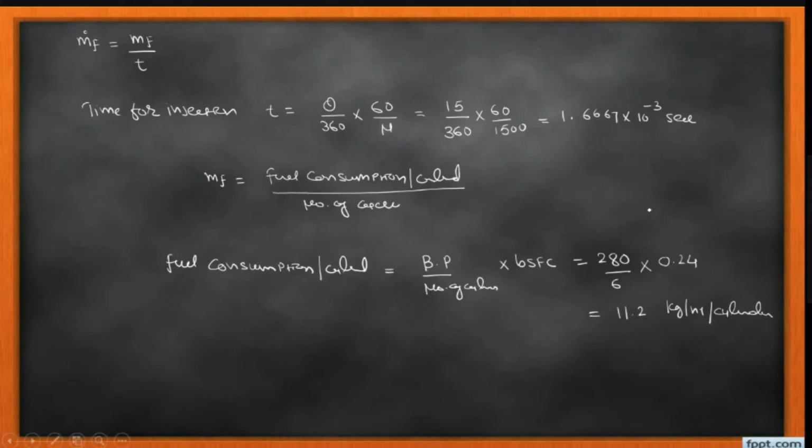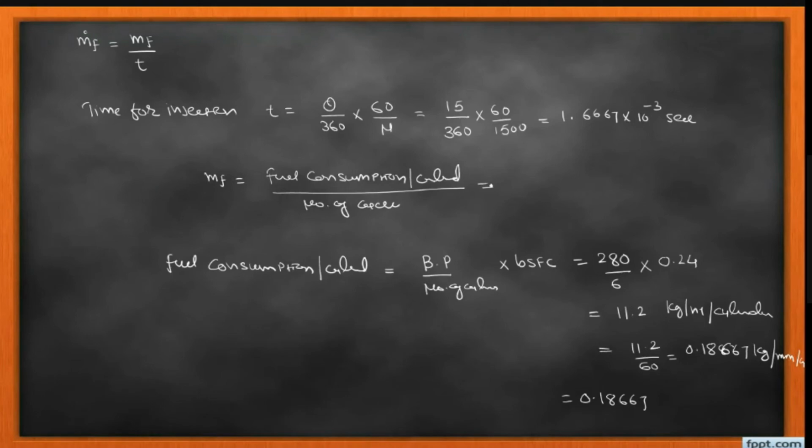Now the time is calculated in seconds, so we need to convert. For that we need to divide by 60. So 11.2 divided by 60, we get 0.18667 kg per minute per cylinder. Now we have to divide this by the number of cycles.